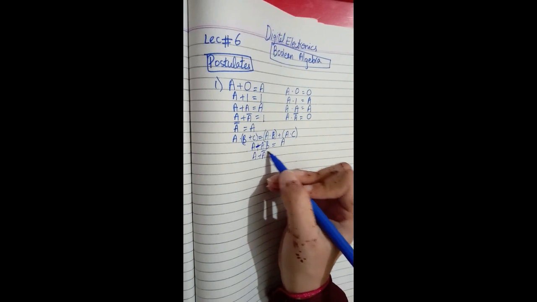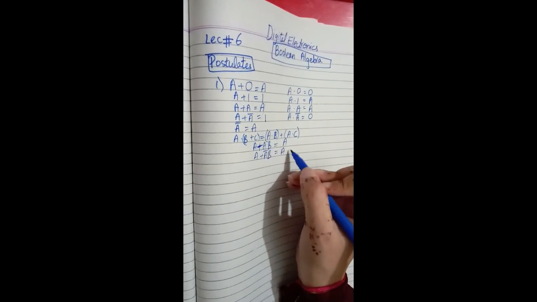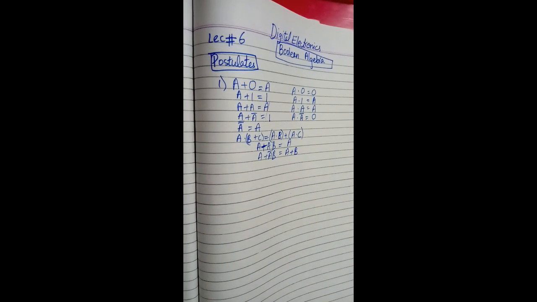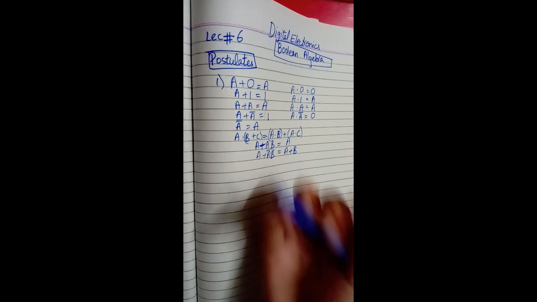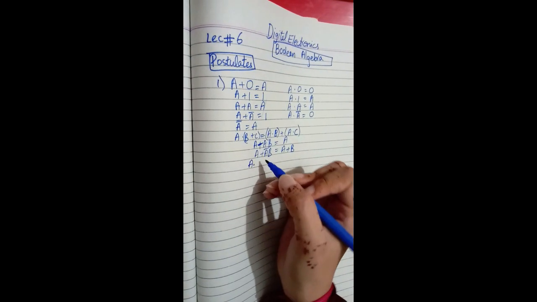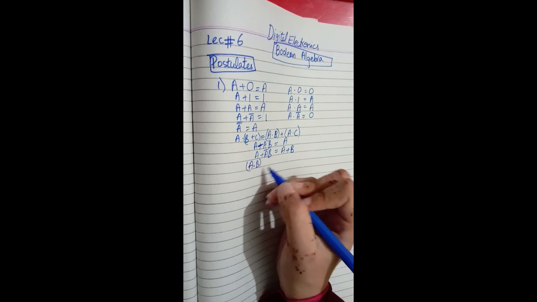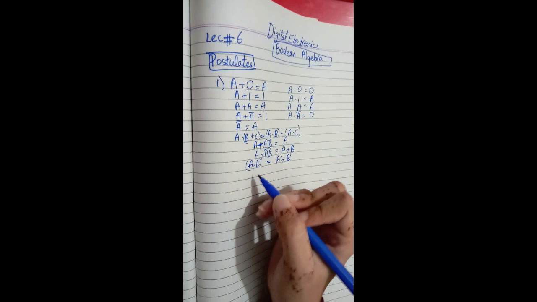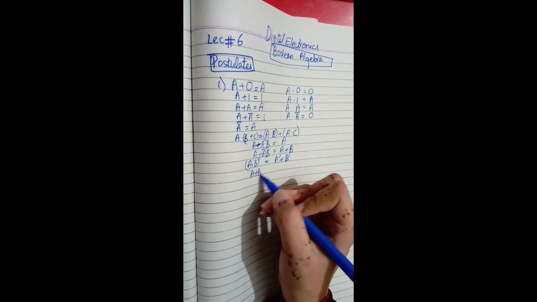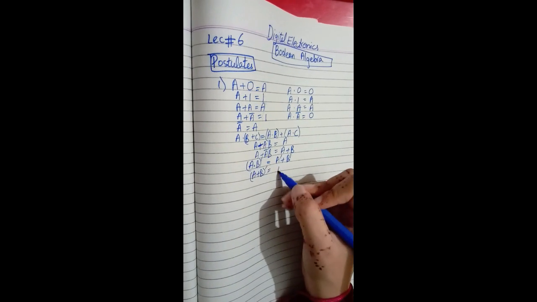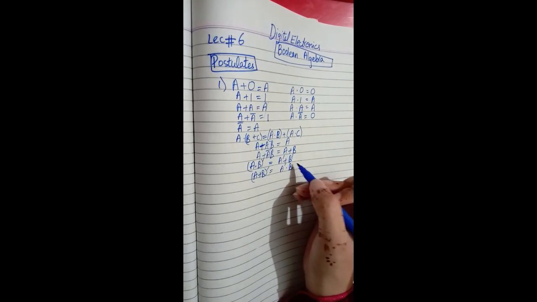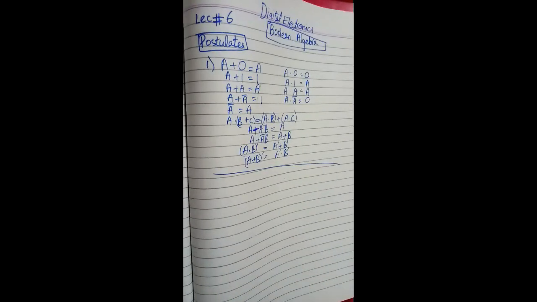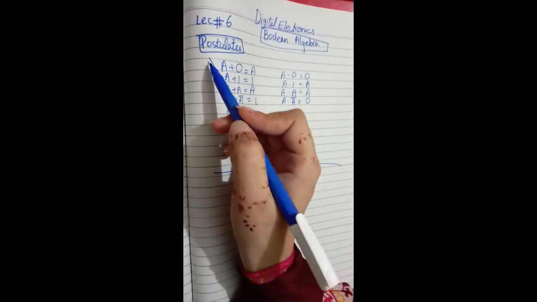A plus A bar B is equal to A plus B. The next postulate is (A dot B) whole prime is equal to A prime plus B prime, and (A plus B) whole prime is equal to A prime dot B prime.